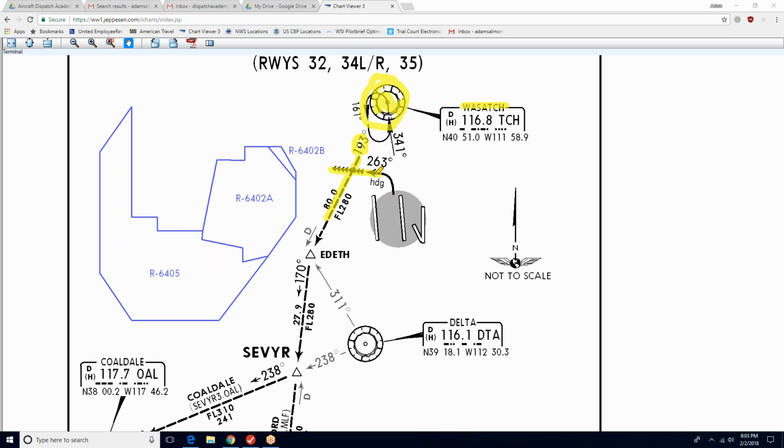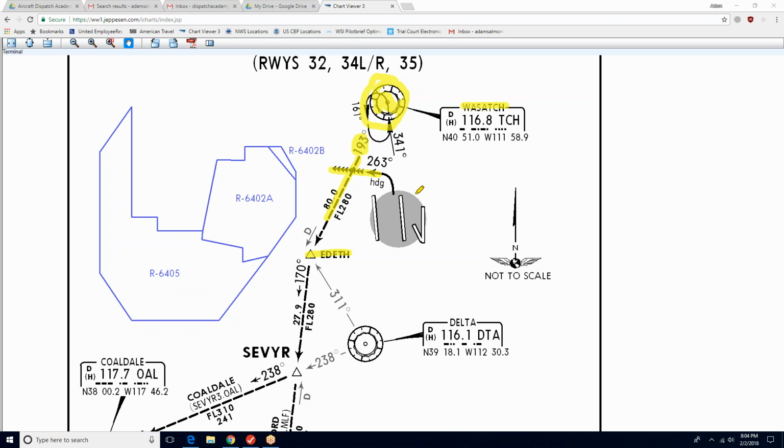As this plane turns and goes to this 263 heading, what it's looking for on its VOR receiver, which you'll learn about in systems, and you've probably talked about them a little bit, is this 193 radial, and they tune in to this Wasatch VOR. As soon as they cross over this 193 radial, they turn left again, and they head towards this Edith intersection.